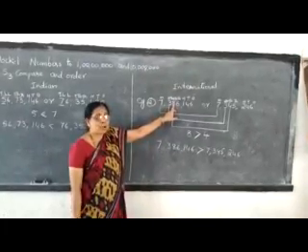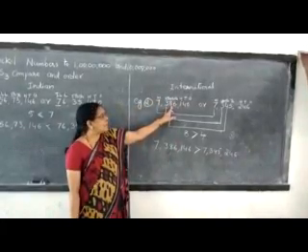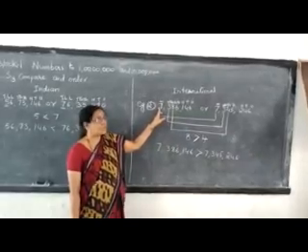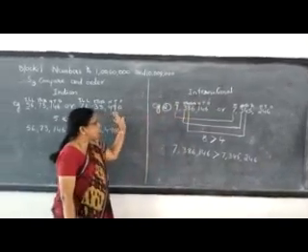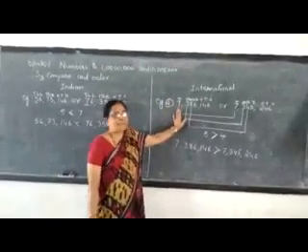Up to 10,000 will be the same. After 10,000 will be 100,000, then millions. Children, this difference is there in the Indian and international system.